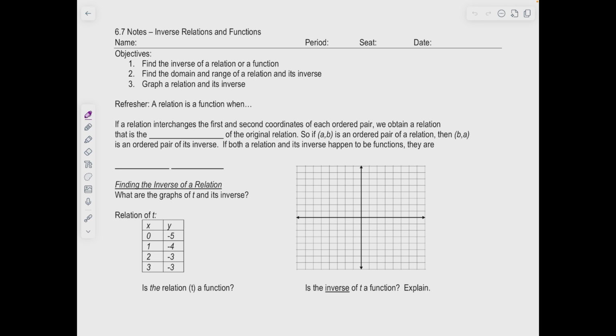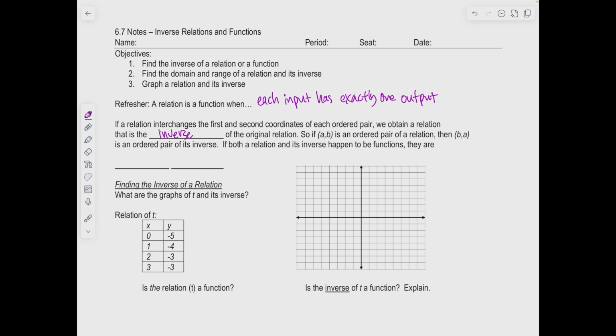So just a refresher, a relation is a function when each input has exactly one output. Okay? Every input has exactly one output. So if a relation interchanges the first and second coordinates of each ordered pair, we obtain a relation that is the inverse of the original relation.